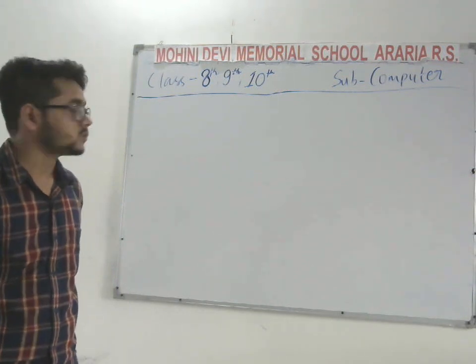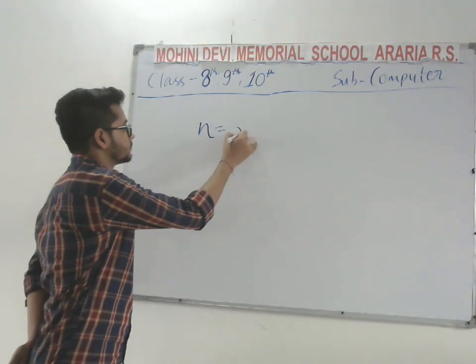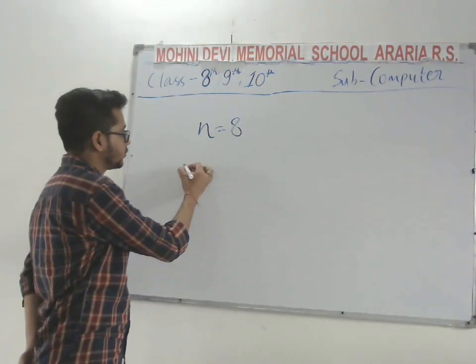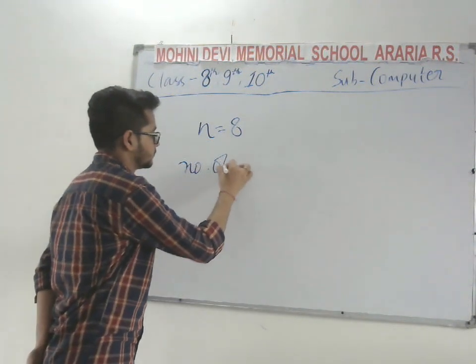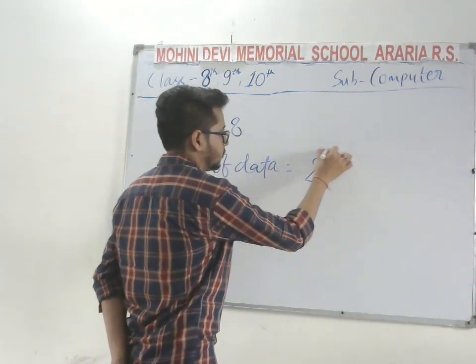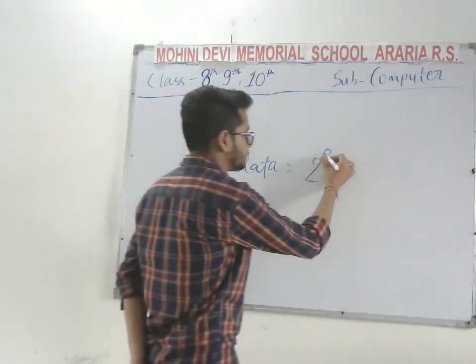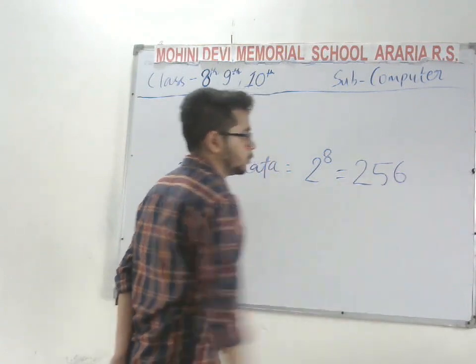Okay, so we were talking about n equal to 8. Then the total number of data will be 2 to the power 8, which is 256.